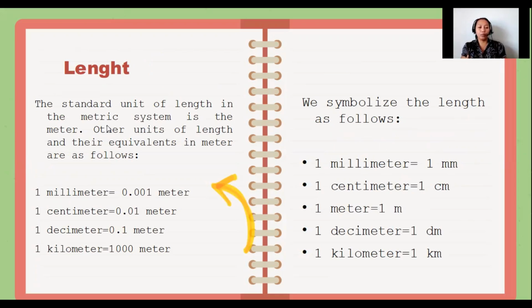So for example, 1 millimeter in meters is 0.001 meters.